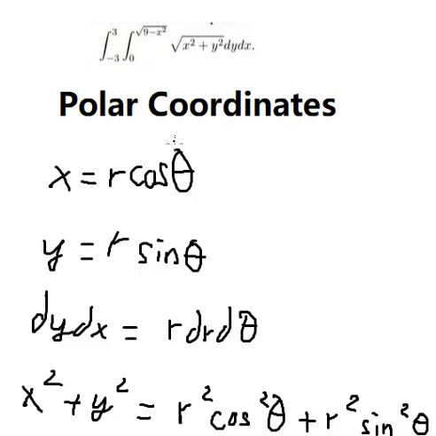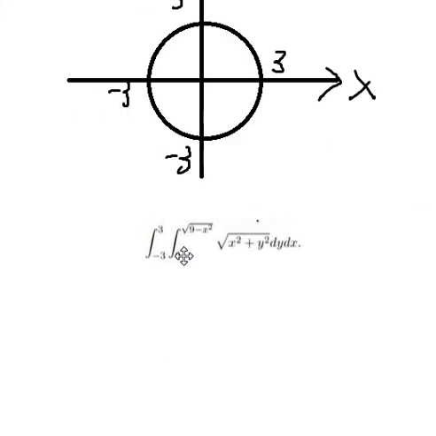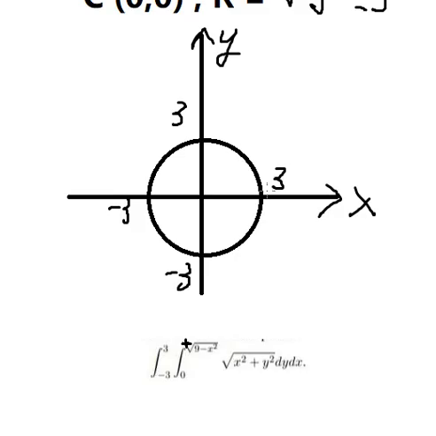Now, if we look at the bounds, we see that y is greater than 0 and smaller than the square root of 9 minus x squared. But this one is the positive square root, so the positive part should be this one in here. y equals 0 is this one in here.